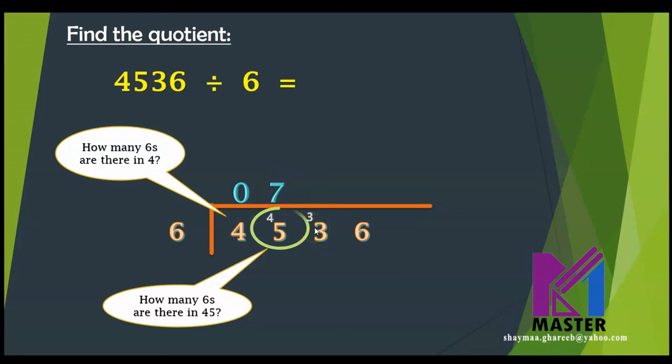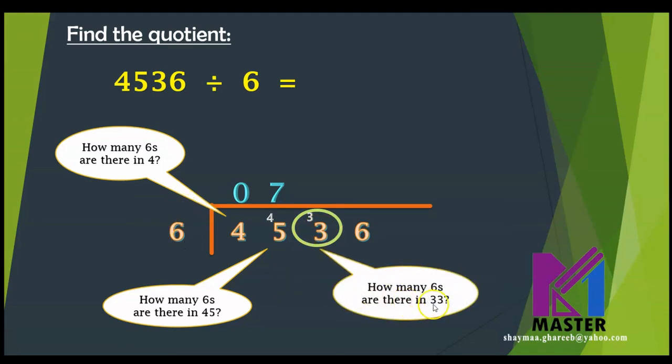Now I will move to the next digit. The number now is 33. 33 divided by 6, which means how many 6s are there in the 33? 5 6s, which equals 30, and there will be remainder 3. So it will be 5 remainder 3, and I will write the remainder here.